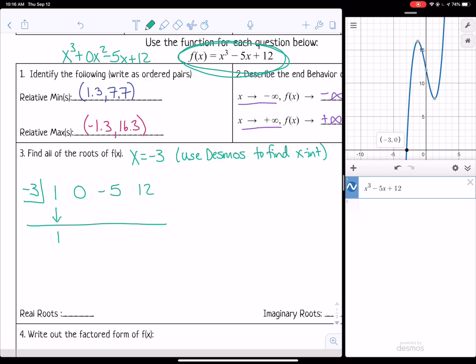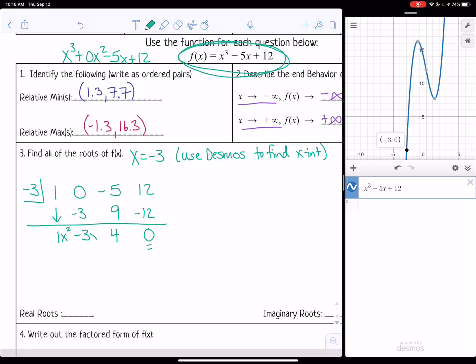Bring down the 1. 1 times -3 is -3. 0 plus -3 is -3. -3 times -3 is 9. -5 plus 9 is 4. 4 times -3 is -12. And we do end up with 0, which we should because we know that that was a root of our function.